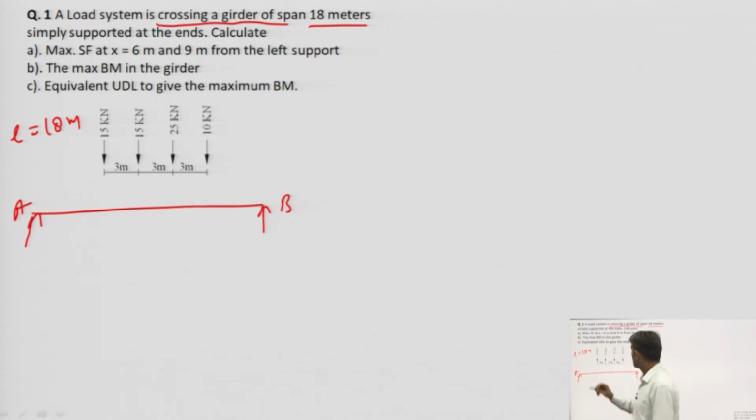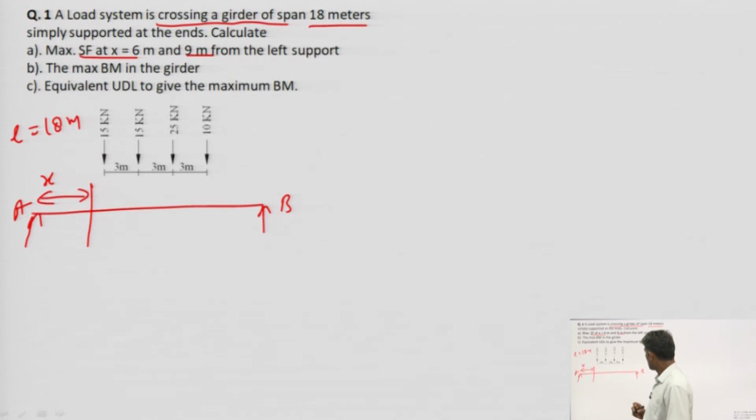We need to calculate shear force at x equal to 6 meter and 9 meter. So, let us take a section x. In the first case it will be 6 and in the second case it will be 9 from the left hand support.